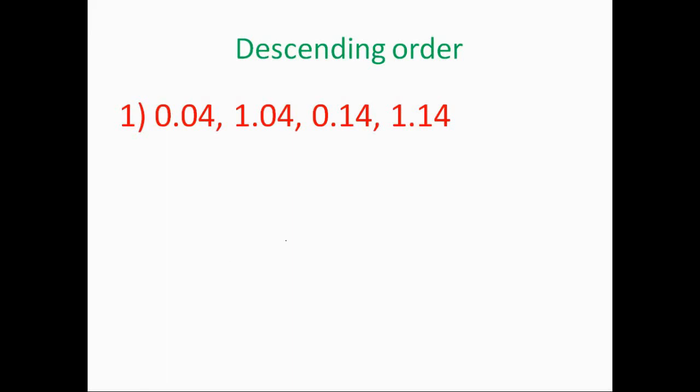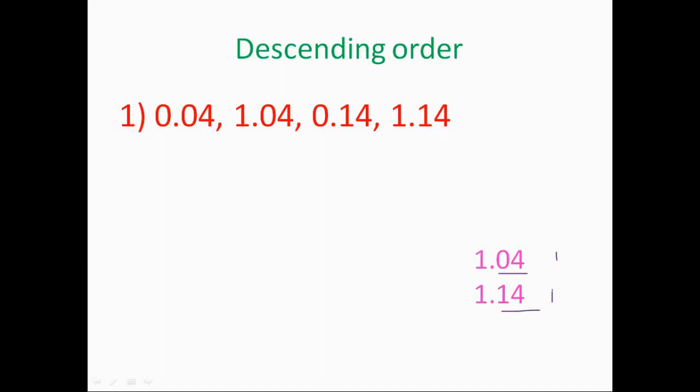So first we should look at the whole number. Here we have two different whole numbers. Two numbers are starting from 0 and two of them are starting from 1. So first I will write 1. You can see, the first one has 0.4, which is smaller than 1.4. So 1.4 must be first because we are arranging in descending order.